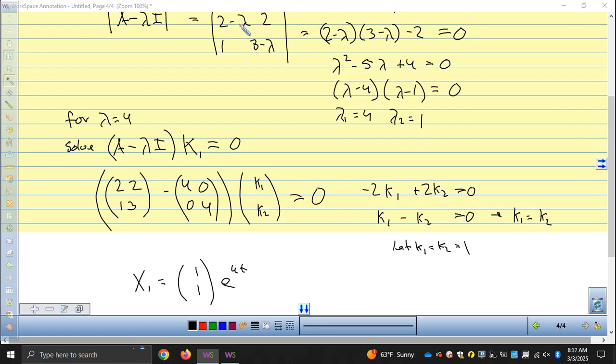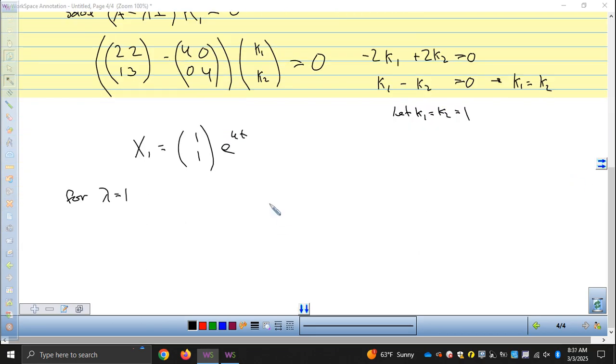I just put my lambda in there, and I think about that multiplication from here, so I can just write down my equations. So for lambda equals 1, we have k1 plus 2k2 equals 0.